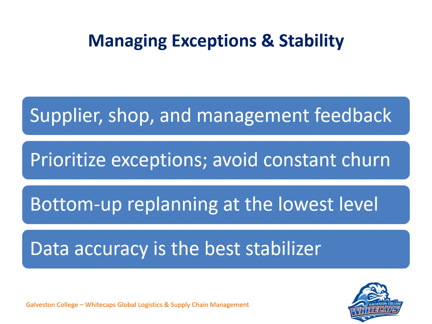So how do we manage exceptions and keep everything stable? That's not a difficult task. The supplier, the shop, and management feedback. You need that. You need to know what they want and what they think is being done right and not done right.